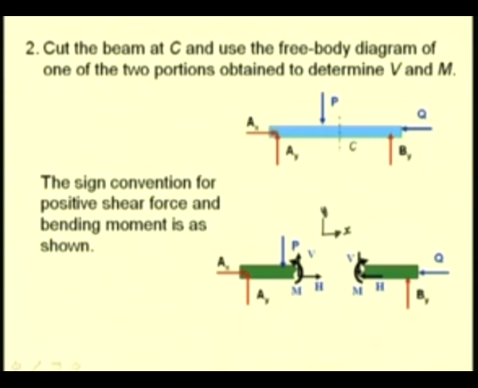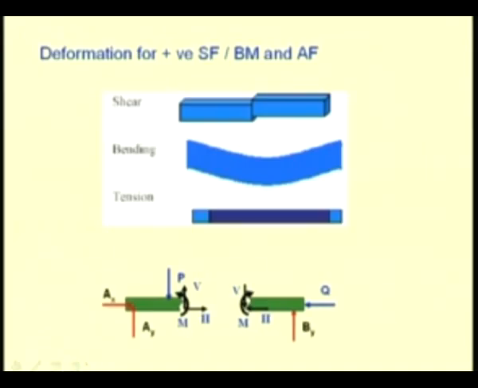The positive convention has been chosen from their effects. We have seen already that the shear force V tends to shear a beam, and the direction of the force V tends to shear the beam in this fashion.